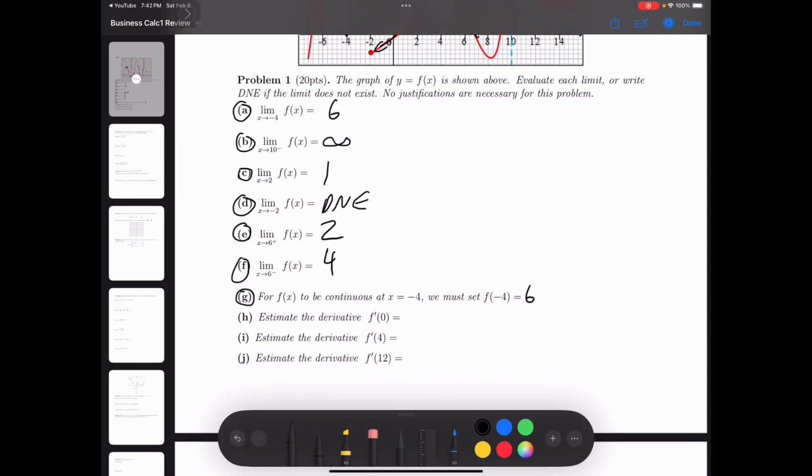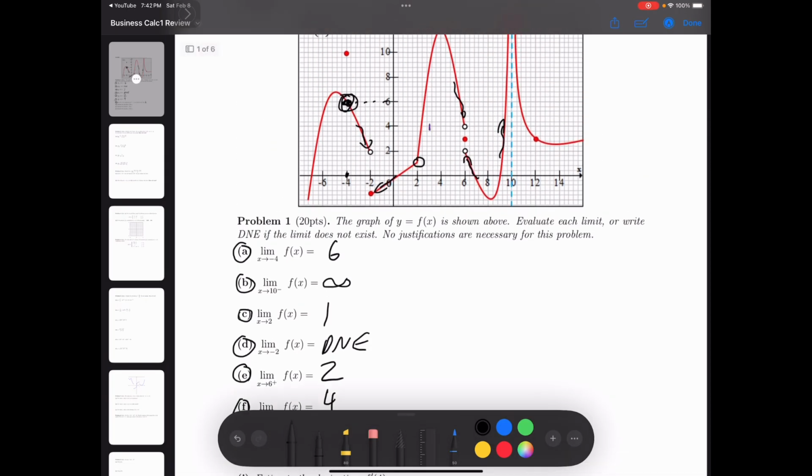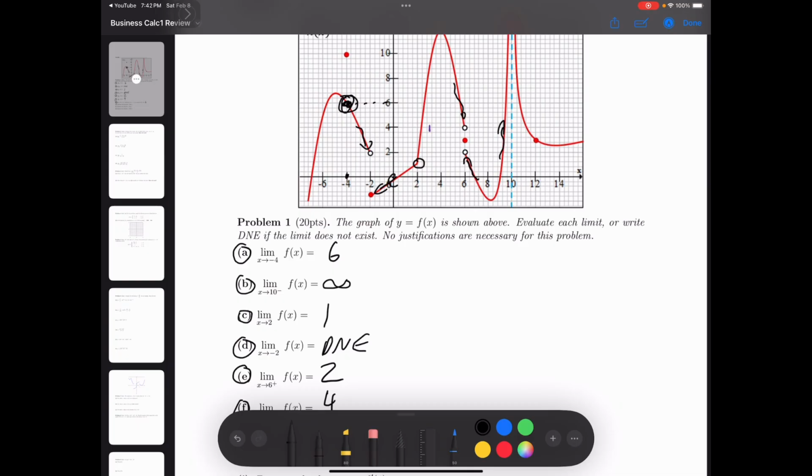For part H, we have estimate the derivative f prime of 0. So at 0 here, it looks like we have a pretty linear function. So our derivative is going to be just the slope of this function, and the slope of this function at 0 is something like, well, when we're at -2, we're at -1. So we have the point -2, -1.